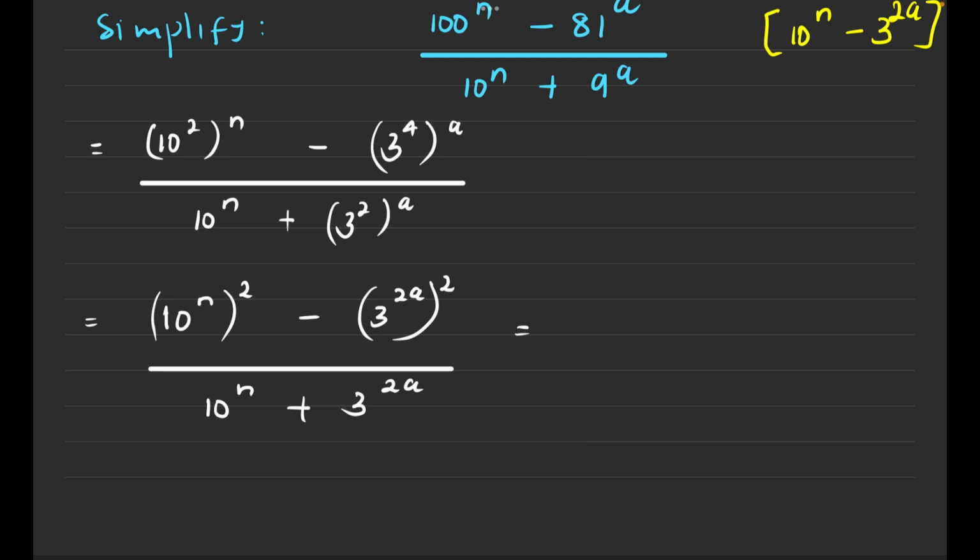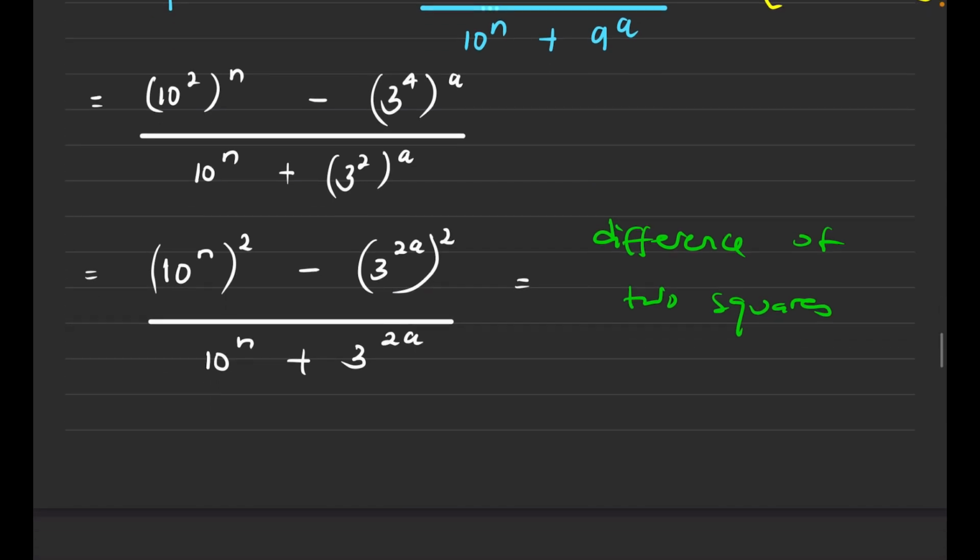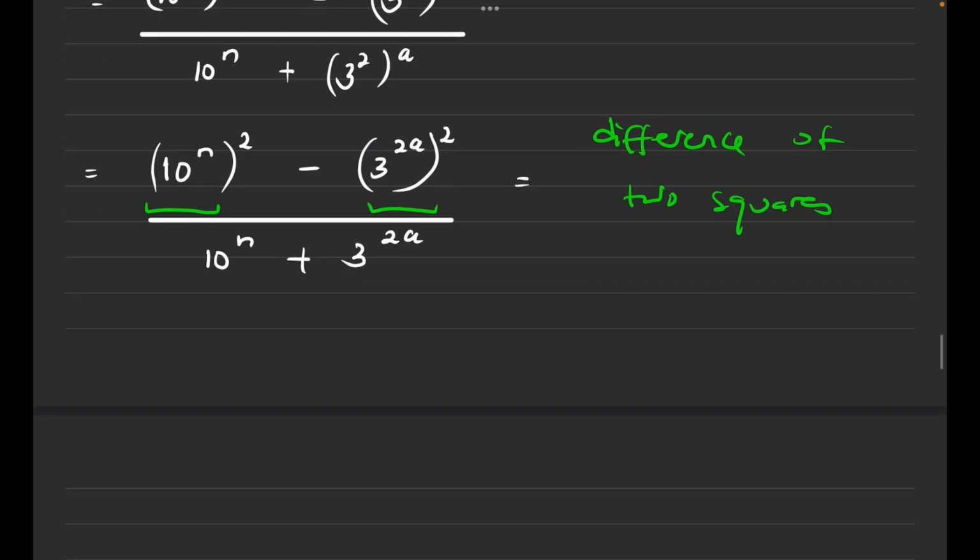Now, guys, you are more exposed to something called the difference of 2 squares, and you might ask yourself, what in the world? However, I want you guys to take note that this is a square, this is a square, and we've got the difference of 2 squares.